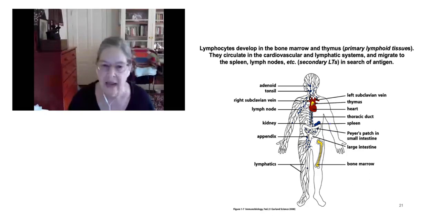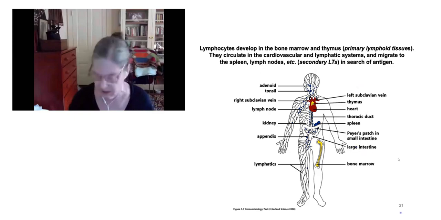Your secondary lymphoid tissues are your spleen, which filters your blood, and these little lymph nodes, which are all over and are filtering your lymphatic fluid as it returns to your heart. The secondary lymphoid tissues are where your T cells and B cells go to find antigen, and they know how to home to those tissues.